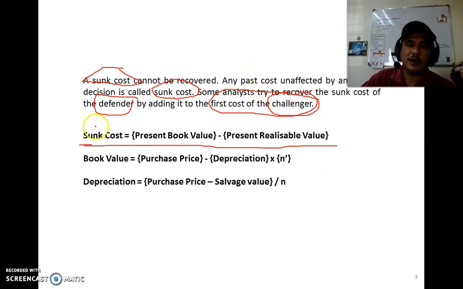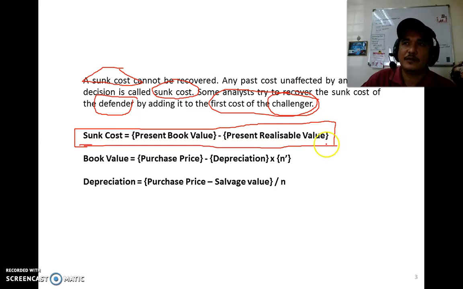In terms of trade-in value, we compare it with the present book value, and that comparison we call sunk cost. From the sunk cost, we can calculate whether we are in profit or loss. That's why the first criteria during decision analysis is to calculate the sunk cost.